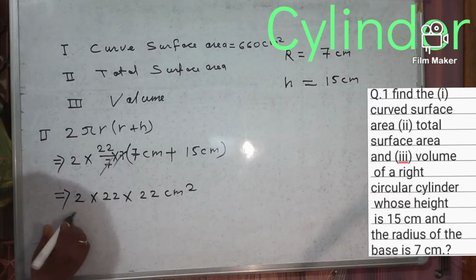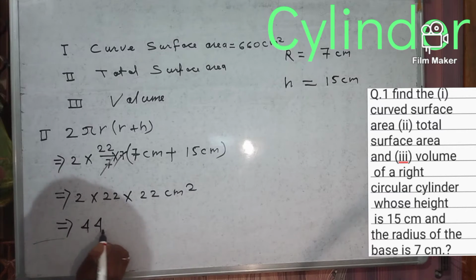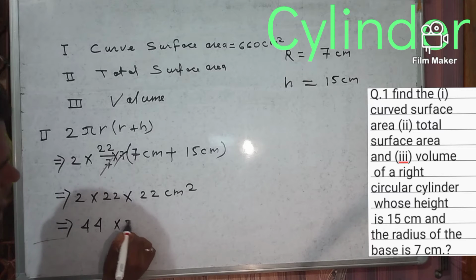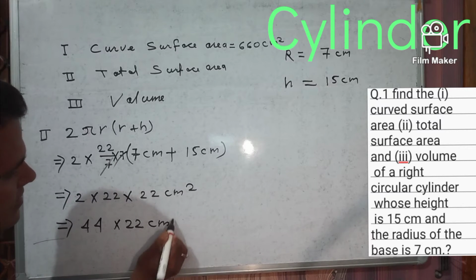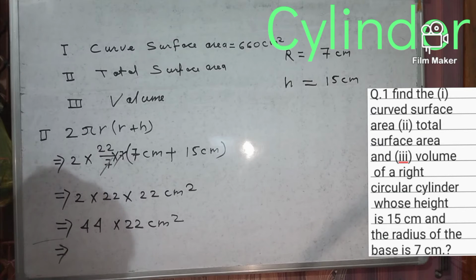So now see here, 2 into 22 will be 44 into 22 centimeter square. So total surface area will be 22 into 44. So see here, 22 fours are 88, right?